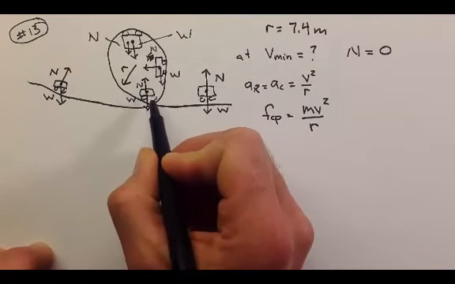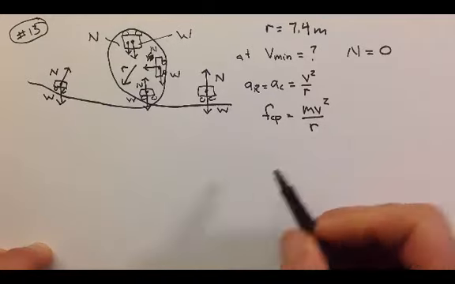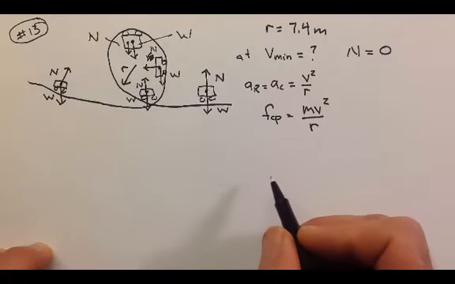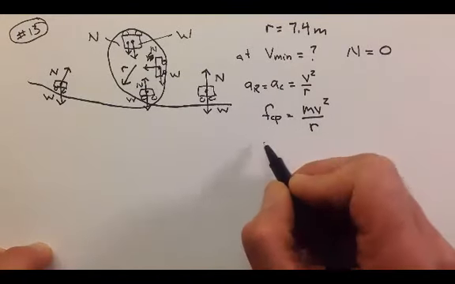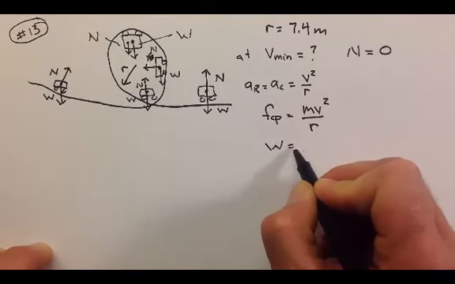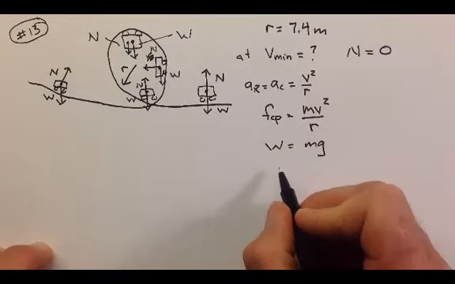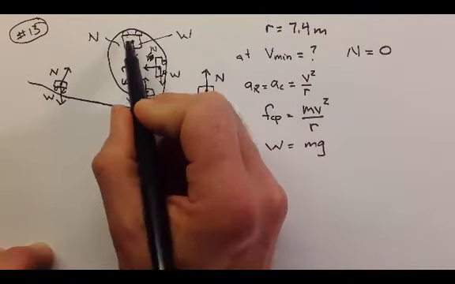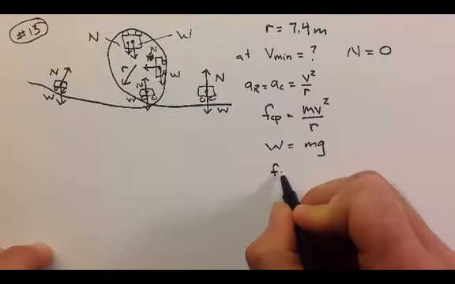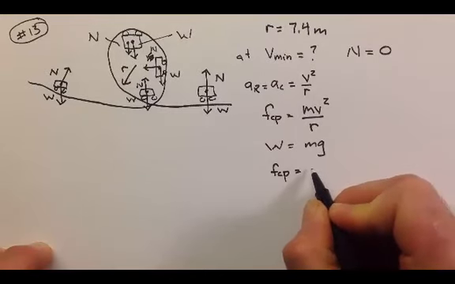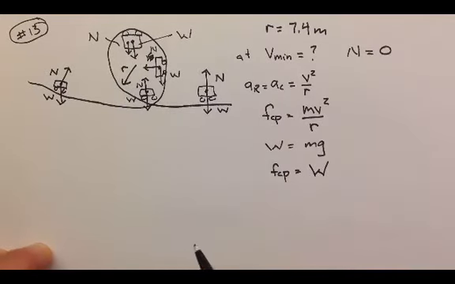Down here, okay, so that is the key to this problem. And keep in mind that our weight is mg, so really the key to this problem is just realizing that at the top up here, the centripetal force is only being provided by the weight.